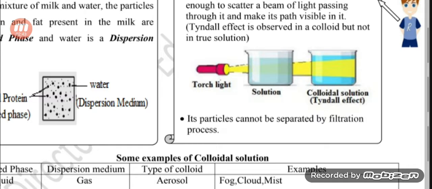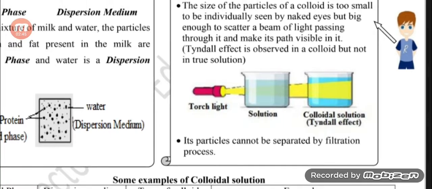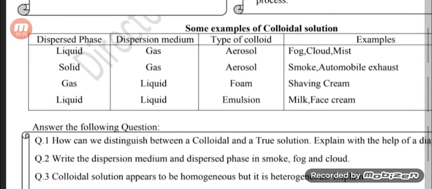You can easily observe the diagram of the colloidal solution, how the torch light passes through the colloidal solution and makes its path visible, but not in a true solution. Now there are some examples of colloidal solutions, students, and their dispersed phase and dispersion medium are also mentioned here.